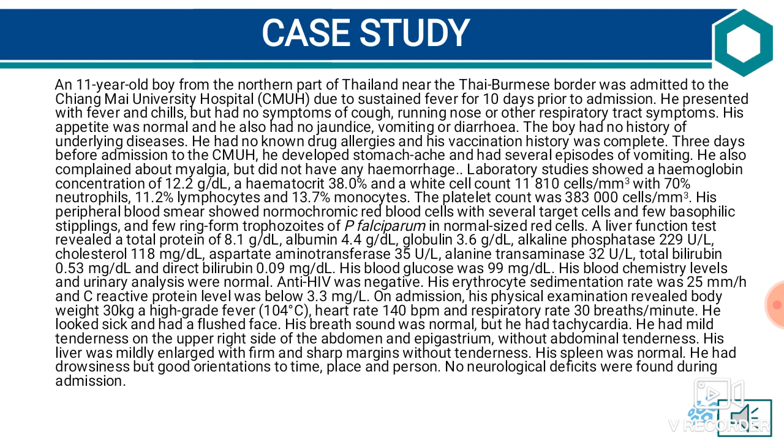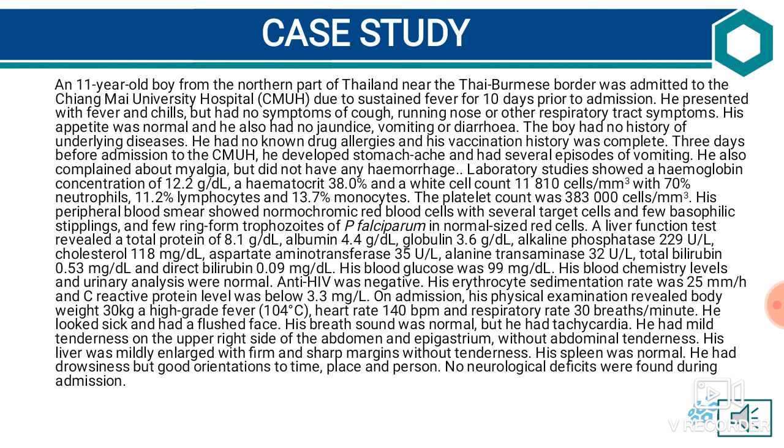His peripheral blood smear showed normochromic red blood cells with several target cells and few basophilic stippling, and few ring-formed trophozoites of Plasmodium falciparum in normal-size red cells.